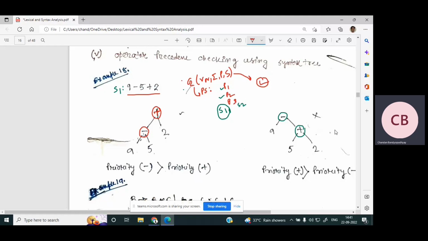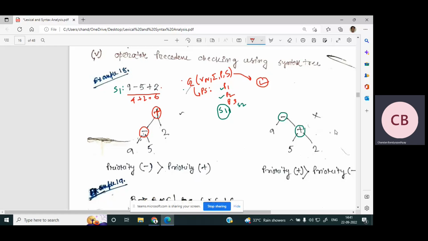By using the production rules, I have formed this tree or this tree. I'm not talking about leftmost derivation or rightmost derivation. But if I ask you to evaluate the tree, that means find the value of this expression, 9 minus 5 plus 2, it means 4 plus 2, which comes to 6.